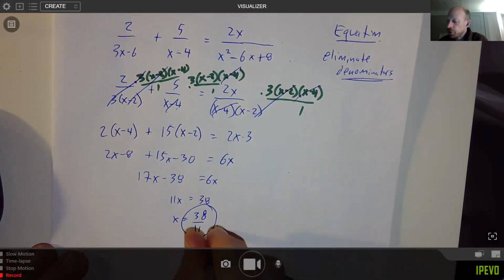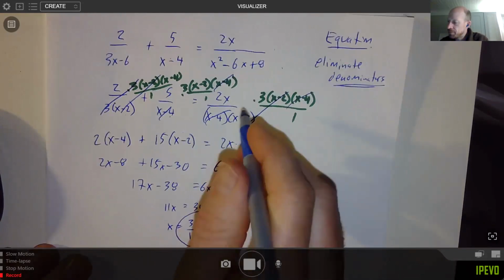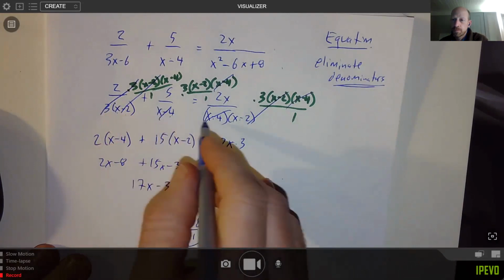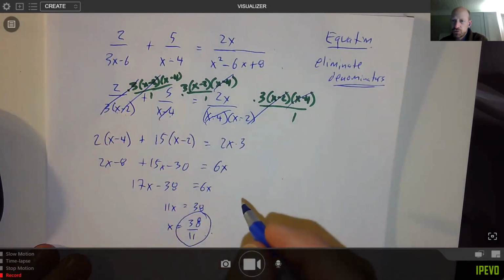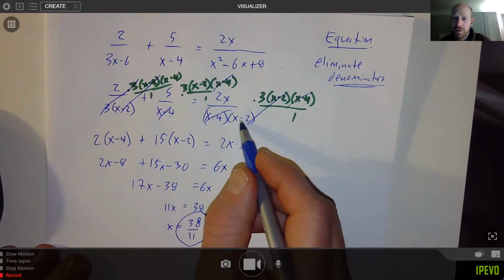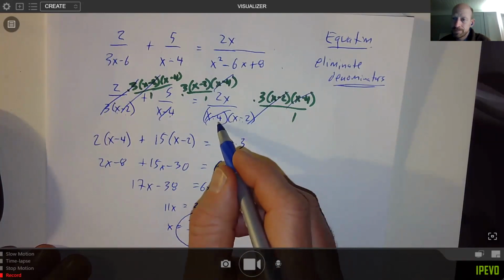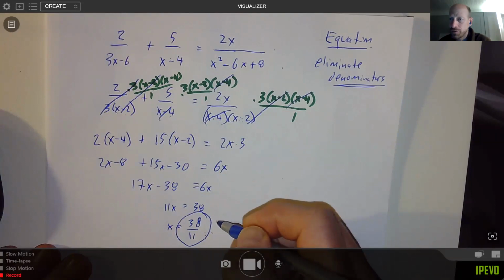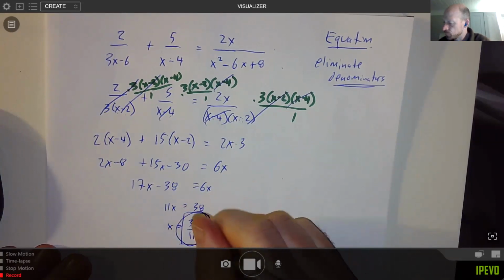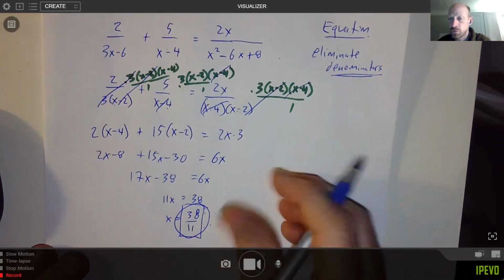I do have to be careful that this value does not make any of these denominators 0. If it did, it couldn't be a solution because I can't divide by 0. The only ones I have to worry about is if I got 2 or 4. This is not 2 or 4, so I'm good. It is a solution and is the solution I'm looking for.